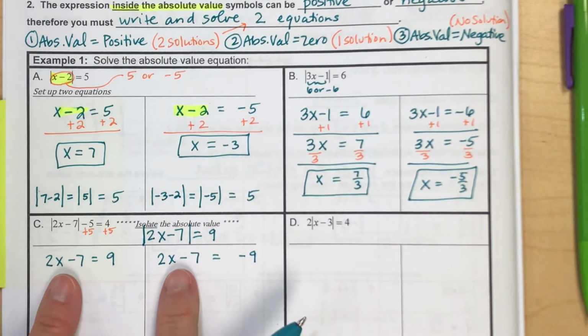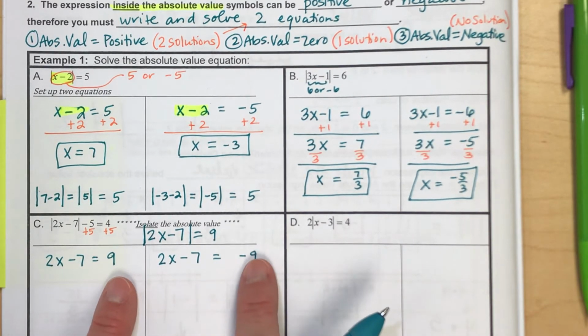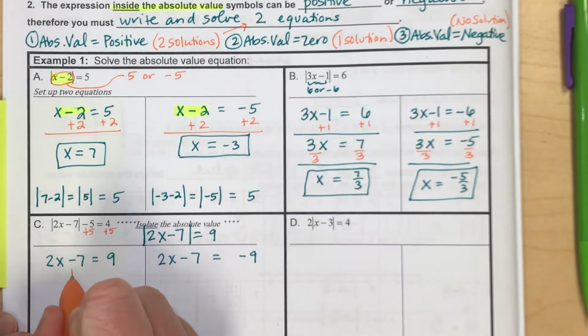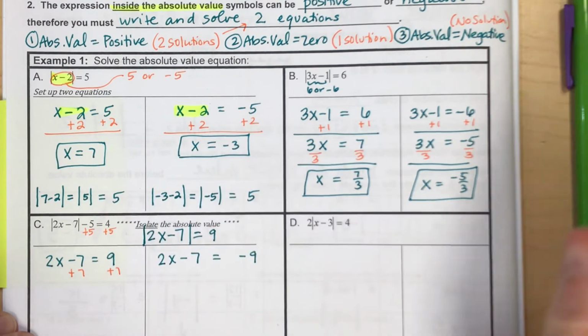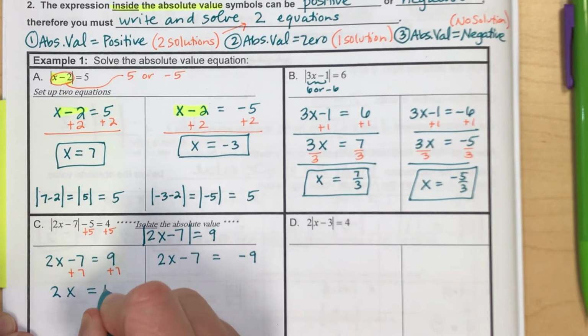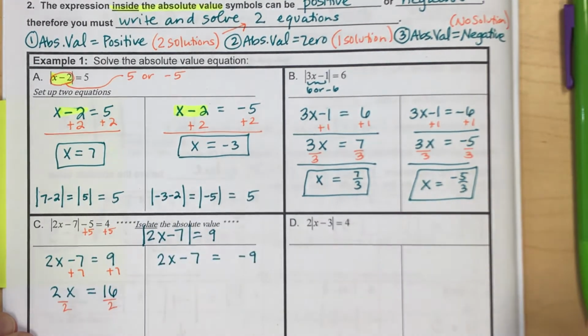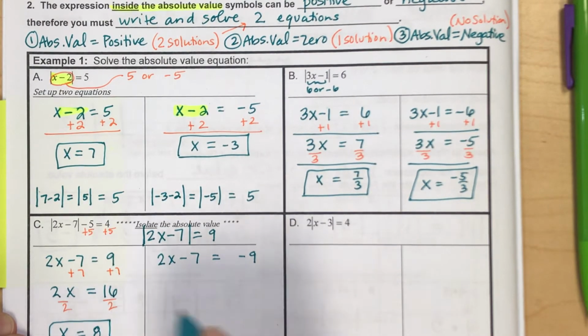So do not change your expression inside the absolute value, only change the number from the outside, one for a positive, one for a negative. Okay, now we'll solve. I'm going to add 7 to both sides, and now we'll have 2x is equal to 16. And if I divide both sides by the coefficient of 2, one of my solutions will be the number 8.